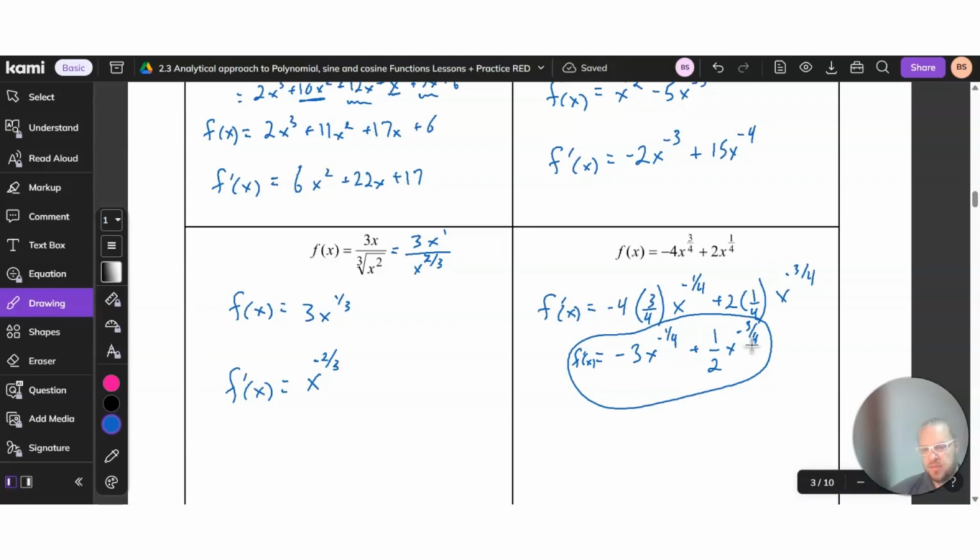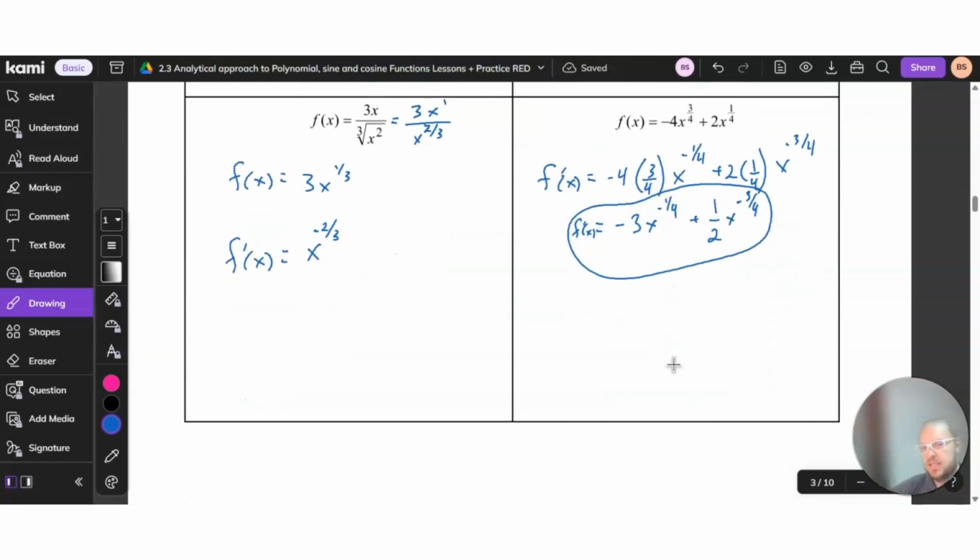Yeah, I mean, we can obviously rewrite this with non-fractional exponents. We can rewrite it with non-negative exponents, but let's do it just for the one, I guess, just to practice it. So we could also write this as f prime of x is equal to negative 3 over x to the 1/4 plus 1 over 2 x to the positive 3/4.